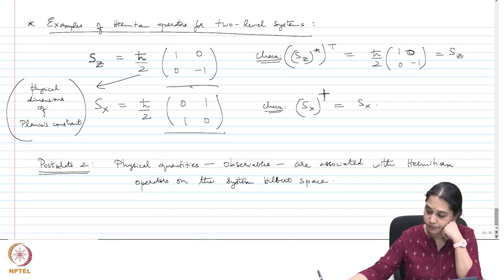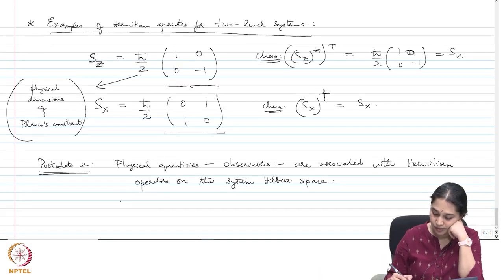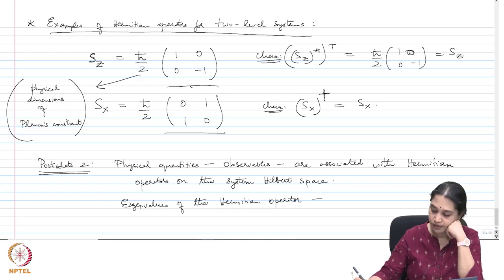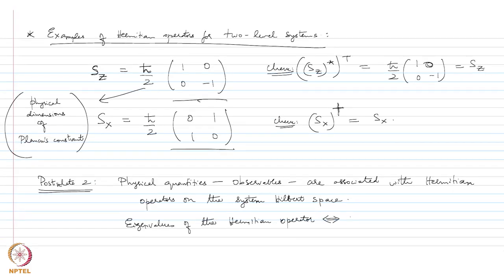In particular, the eigenvalues of the Hermitian matrix or the Hermitian operator are associated with the possible values taken by the corresponding physical quantity.